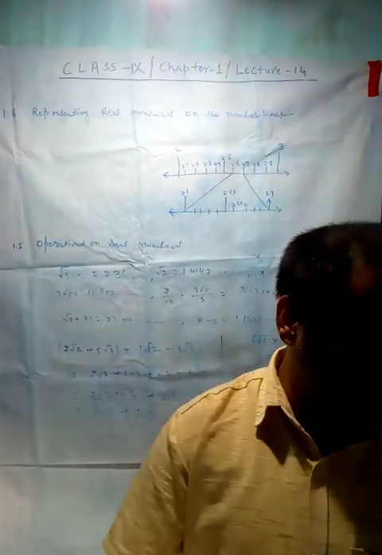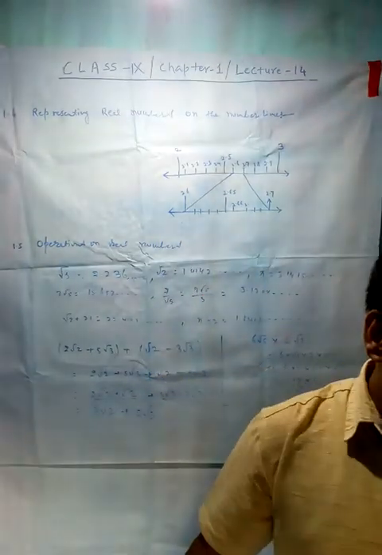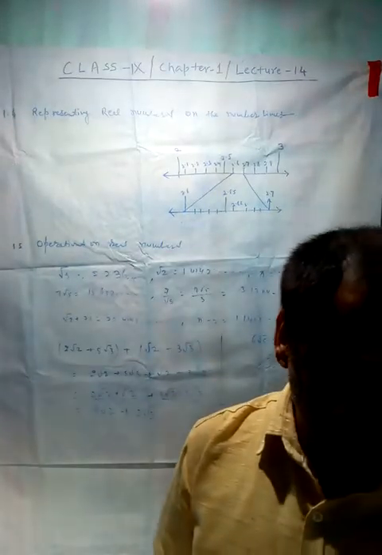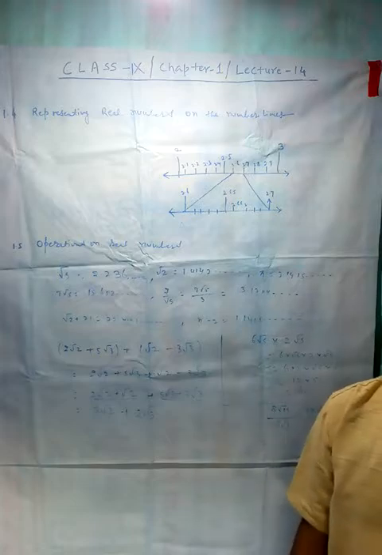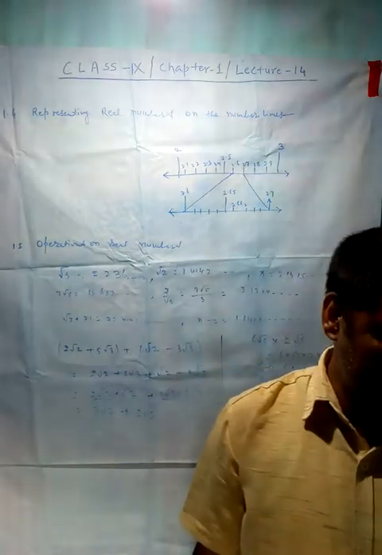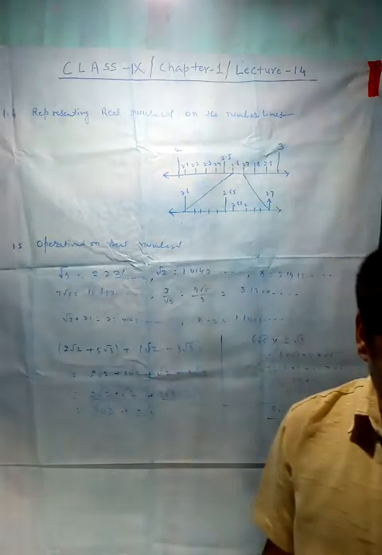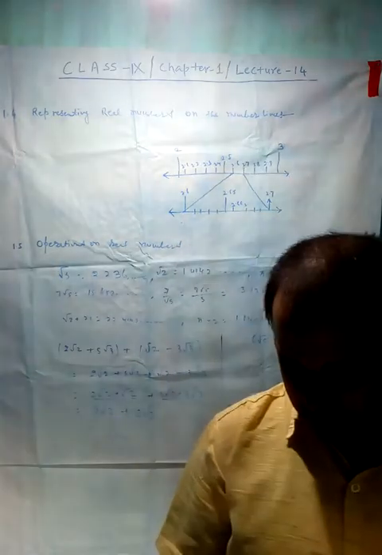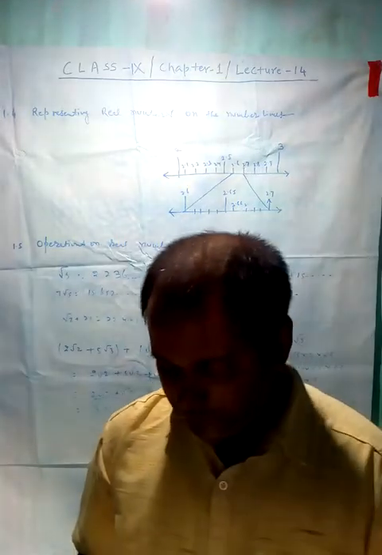Again, I am repeating: the sum or difference of a rational number and an irrational number is irrational. The product or quotient of a non-zero rational number with an irrational number is irrational. Third, if we add, subtract, multiply or divide two irrationals, the result may be rational or irrational.